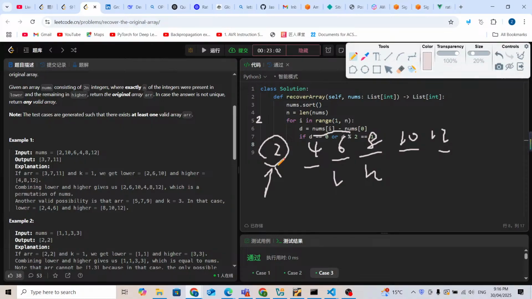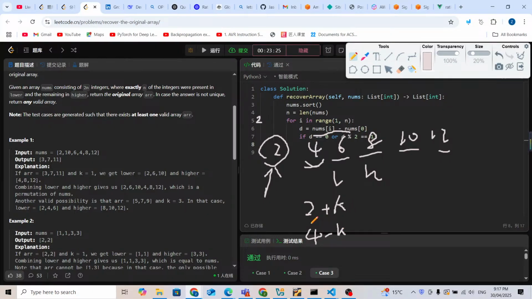For example, this is my first number inside of the higher array, and this is my first number inside of the lower array. So this 2 is going to plus a number, which is k, and this 4 is going to minus a number, which is k. k is always a positive integer.